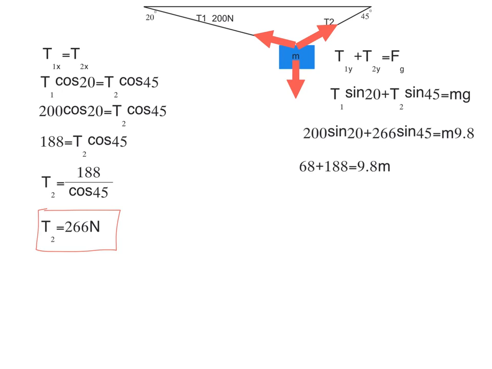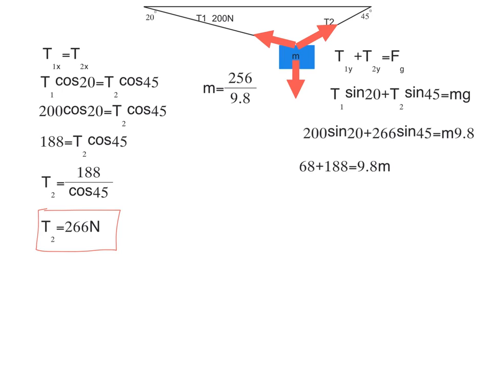And 266 sine of 45 gives us 188. And we can just change these around and put 9.8 m, because that's the same thing. All right, now this looks like a simple equation. We need to add the 68 and the 188, of course, and then just divide by 9.8 on the other side. So our new equation will look like this.